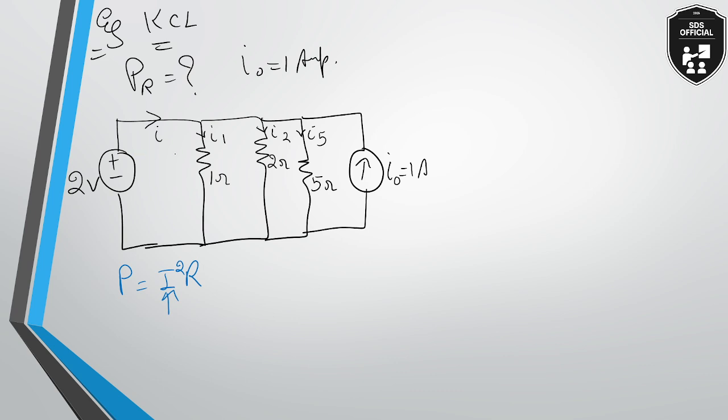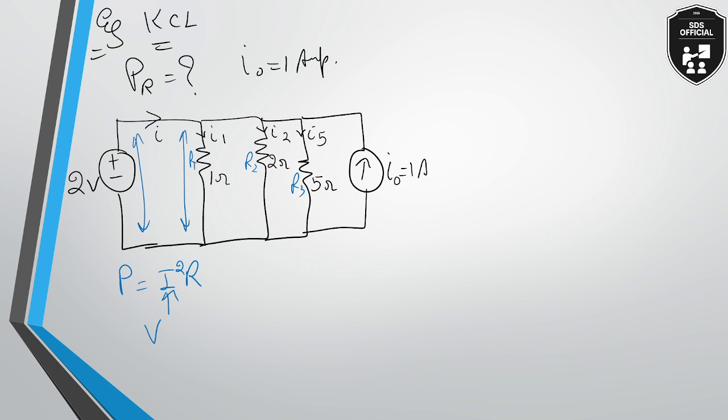So, are you getting this? These two branches are in parallel with each other. And if two branches are in parallel with each other, the voltage will remain the same. Let us say this is resistor R1, this is R2, this is R3.